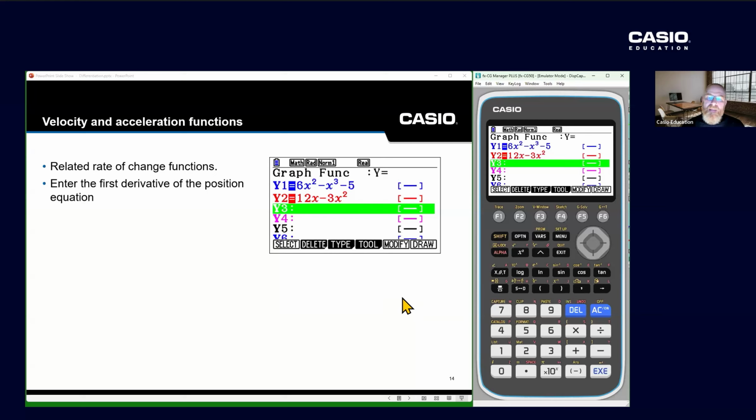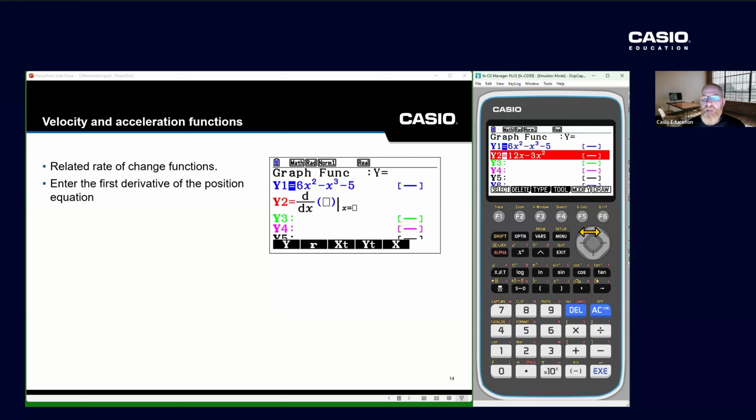So what we can do is, instead of actually entering what we think the derivative is, we can actually use the differentiation template. You could, of course, enter what you think the derivative is and then compare it to the actual derivative, and then you would get some coincident graphs which would prove that you are correct. But let's enter the derivative template.